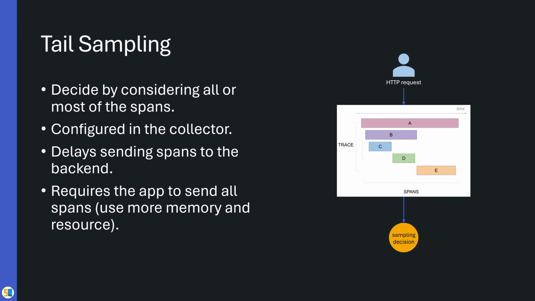And it requires the app to send all the spans and use more memory and resources. If the sampling decision is not to sample, you discard it, but you already used memory and resources to collect those spans, right? So that is the trade-off, but you will get more context for your spans.